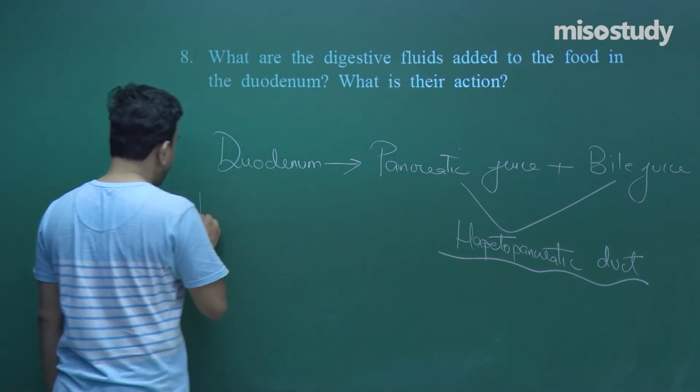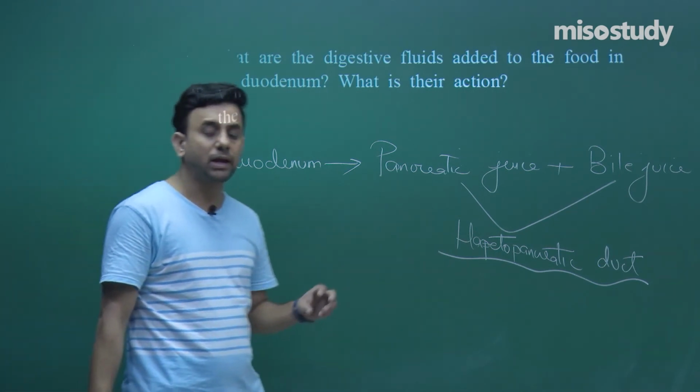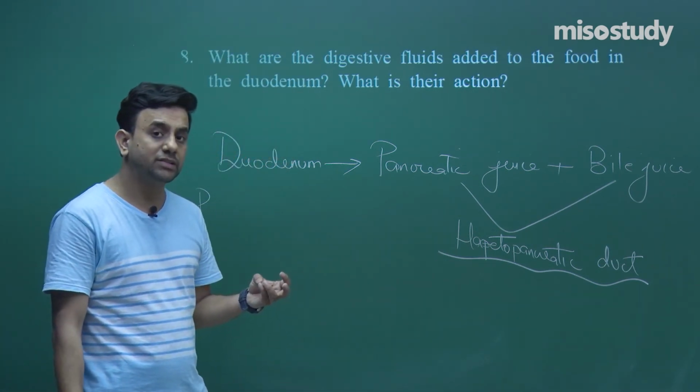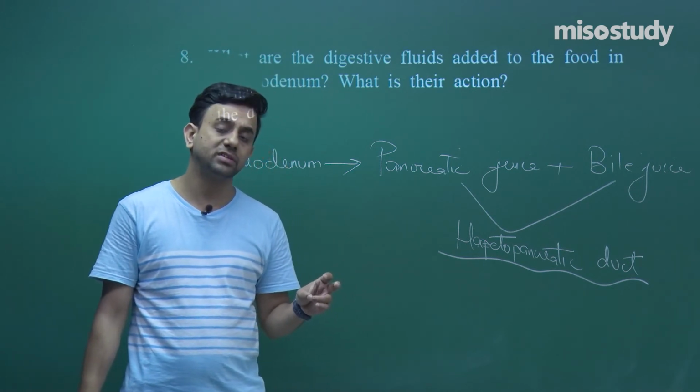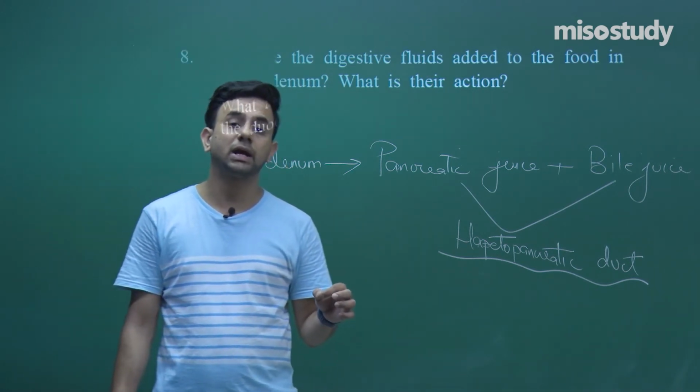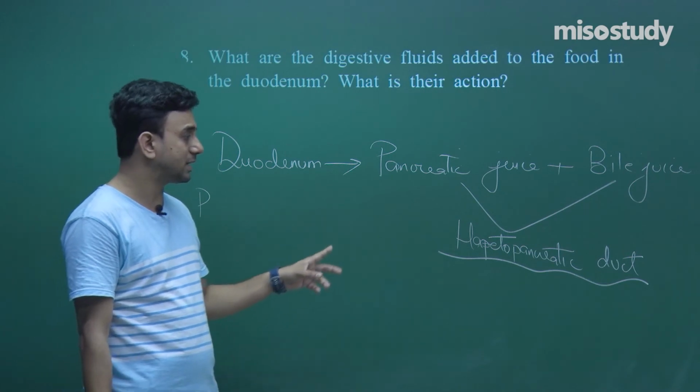So the pancreatic juice, we have already said what is there. The pancreatic juice will have all the pancreatic enzymes, in which there will be trypsinogen, chymotrypsinogen, carboxypeptidase, pancreatic amylase, and pancreatic lipase. We have already said that.